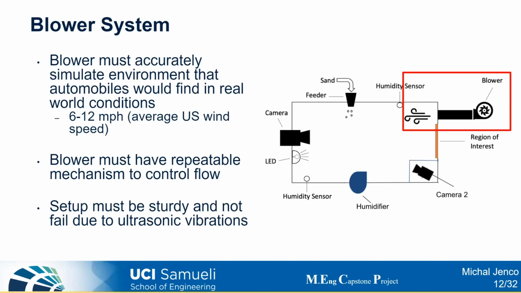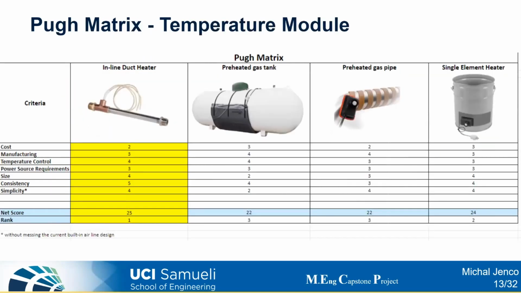It must have a repeatable mechanism to control the airflow, and it must not fail due to vibrations. Here is again a quick look at the Pugh matrix that we used to select our final heating module design for our box. From the picture, you can see that we ended up using an inline heater to heat up our airflow and raise the temperature within the box.